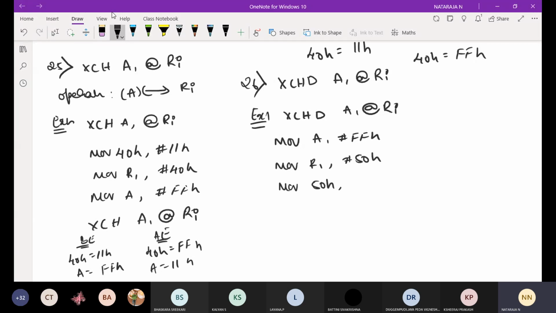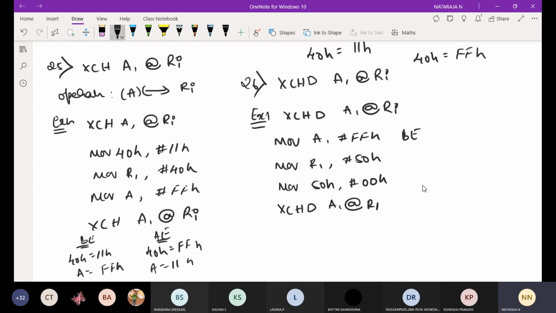Move 50H comma #00H. Now exchange digit of A comma at R1. For this instruction, we will write the execution here.